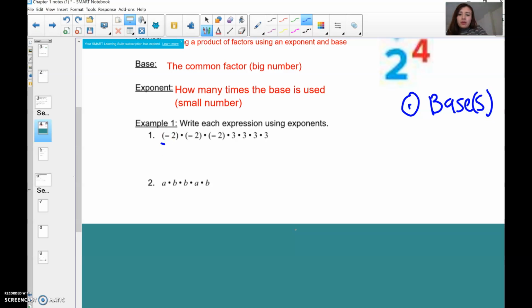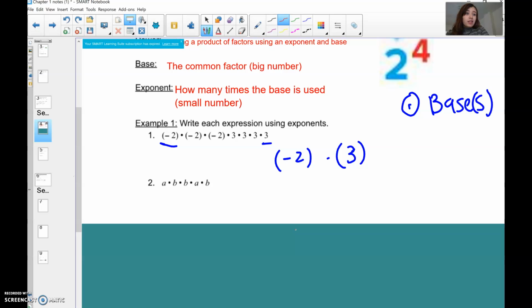So what do we have here? We have -2 as a base and 3 as a base. So we'll have -2 so many number of times, and then we have times 3. Okay, we're not done here.